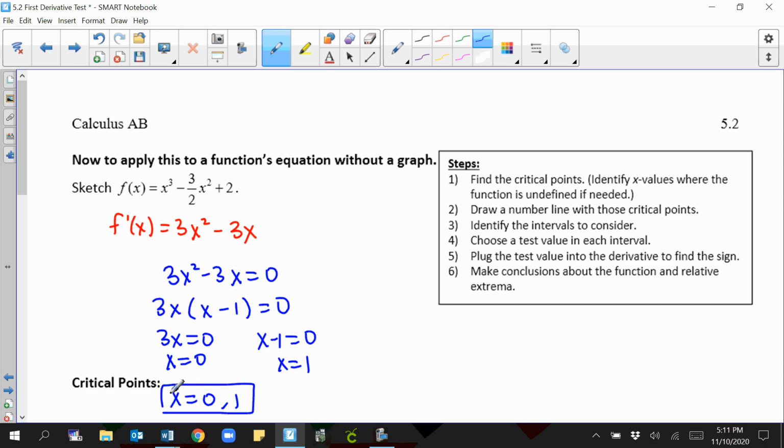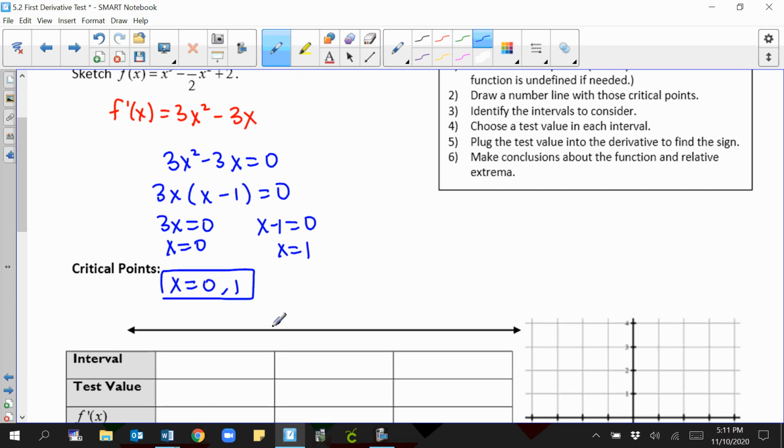So I'm going to draw a number line, and I'm going to put those on my number line. So my number line's actually already here, so I'm going to put my 0 right here and my 1 right here. So the intervals that I'm looking at are from negative infinity to 0, 0 to 1, and 1 to infinity.